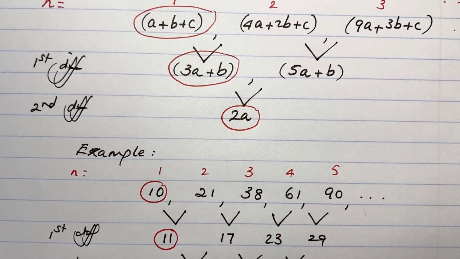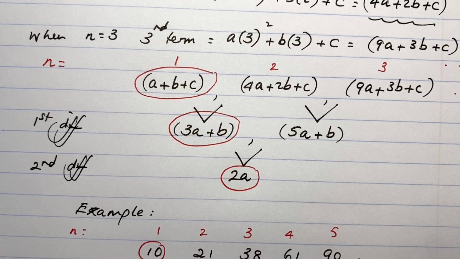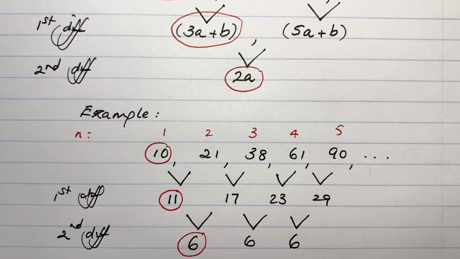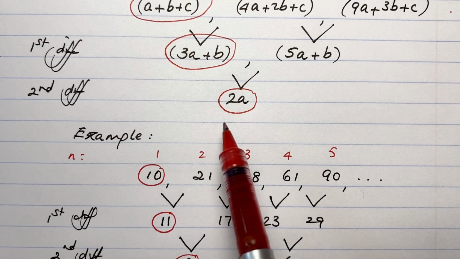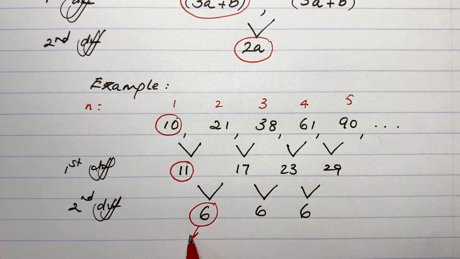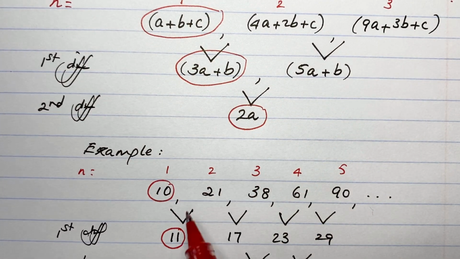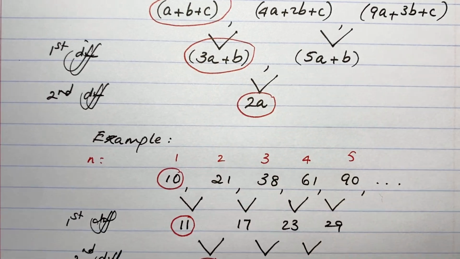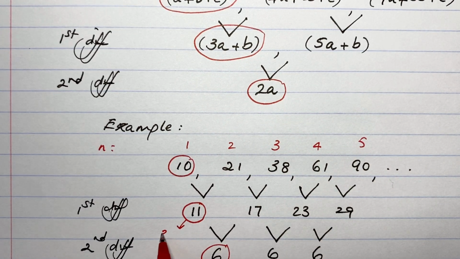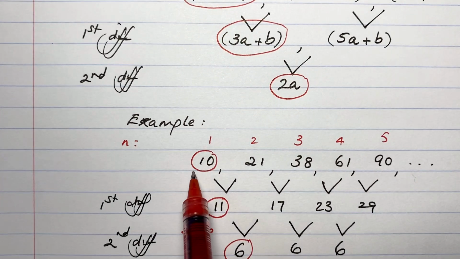If you look, this value of 6, which is the first value of the second difference, is worth 2a. So this is 2a. 11 must represent 3a plus b. And 10 must represent a plus b plus c.